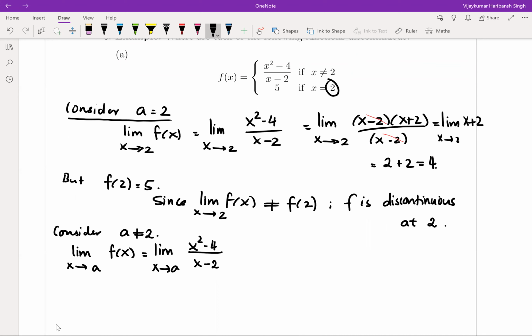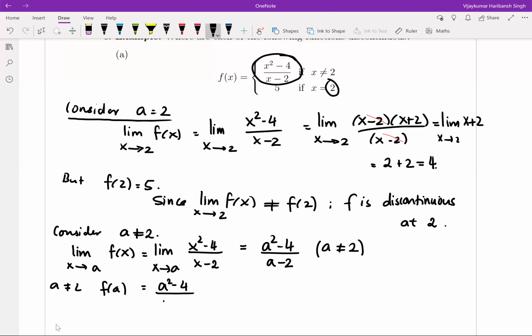And since A is not 2, A belongs to the domain of this function. So by the direct substitution property, you will get this, when A is not 2. And also, since A is not 2, f of A is given by this rule. So f of A is A squared minus 4 upon A minus 2.